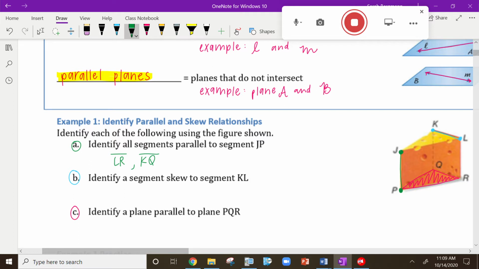Next, identify a segment skew to segment KL. So remember, skew means that it is not coplanar and it does not intersect. So one option would be segment PQ. Another segment that is not coplanar and does not intersect segment KL is segment PR.